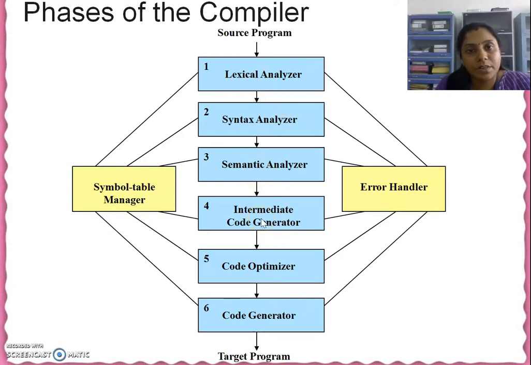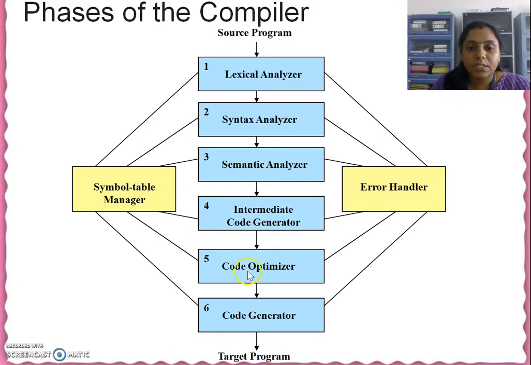Then an intermediate code generator generates the intermediate code, which is in three-address code. The code optimizer eliminates dead or unwanted code available after intermediate code generation. After the code optimization phase, the code generator generates the target code, which is the target program, the output.